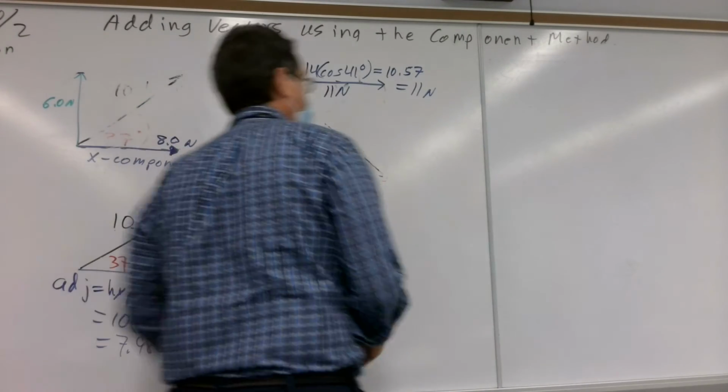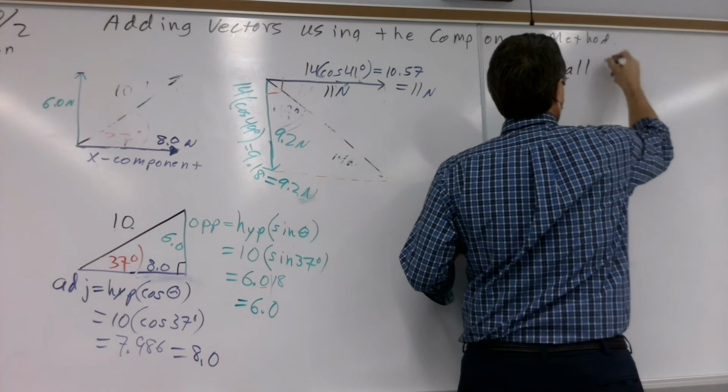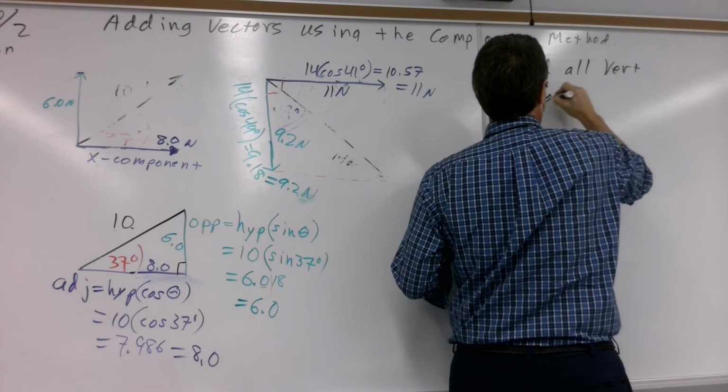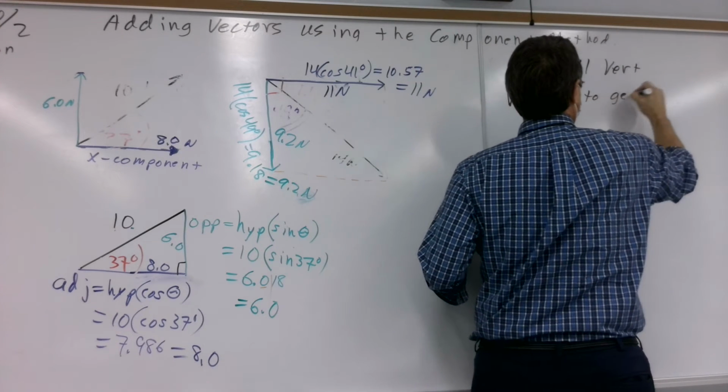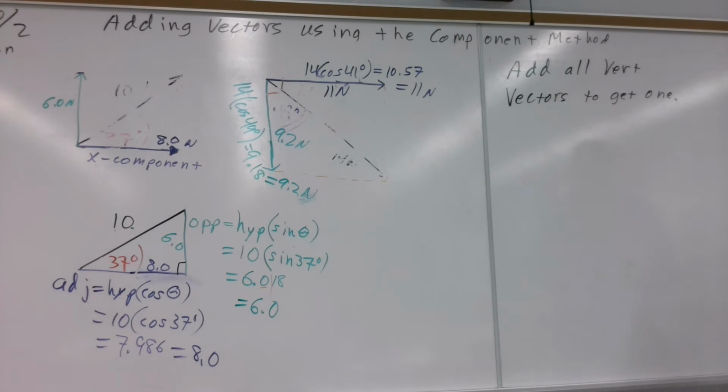So now let's add all vertical vectors to get one. There is no special name for it. I just call it the overall vertical vector.